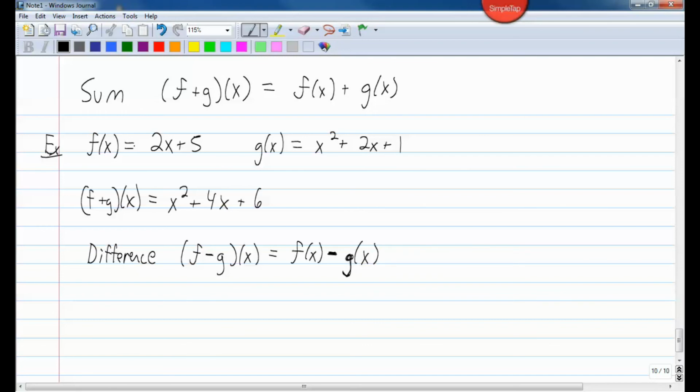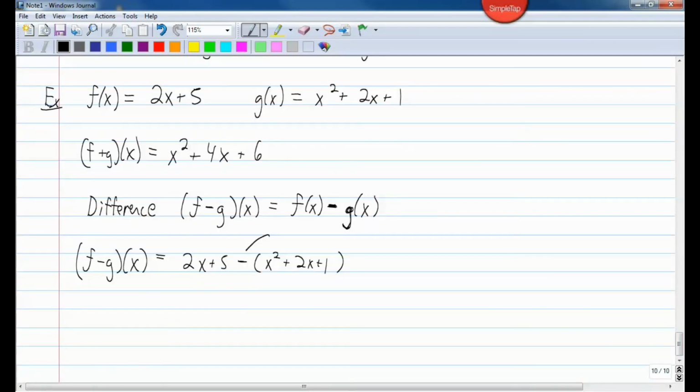So if I use these same two functions and I wanted to find the difference, I would say f minus g of x is equal to f of x, so 2x plus 5, minus g of x, x squared plus 2x plus 1.